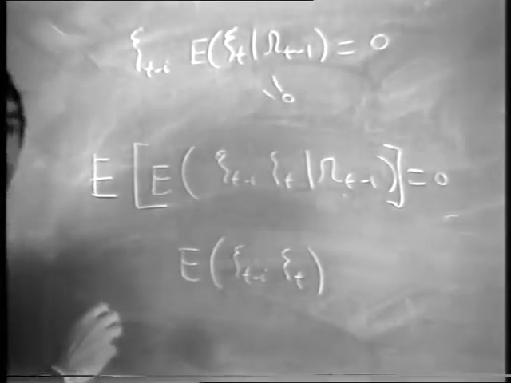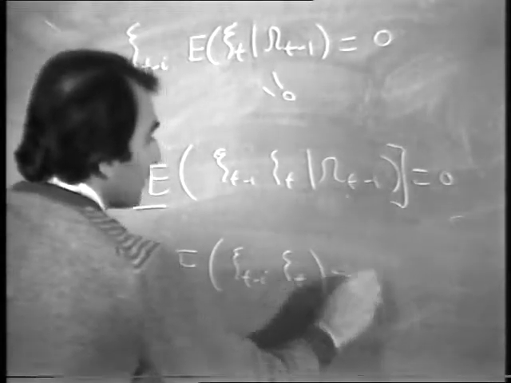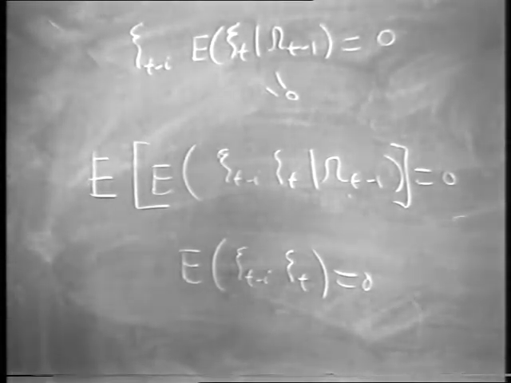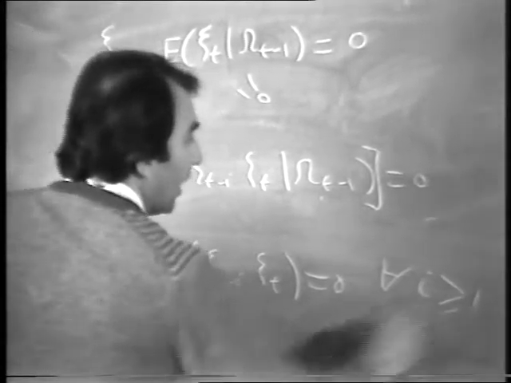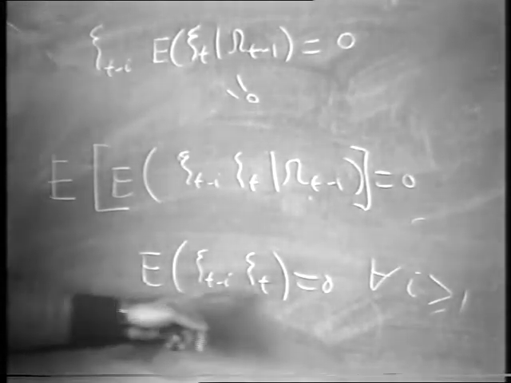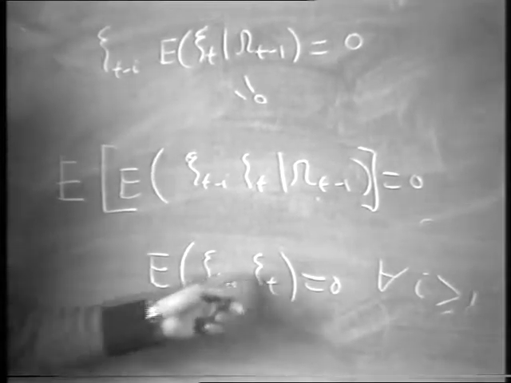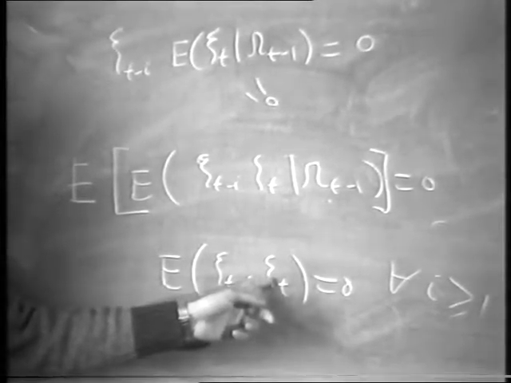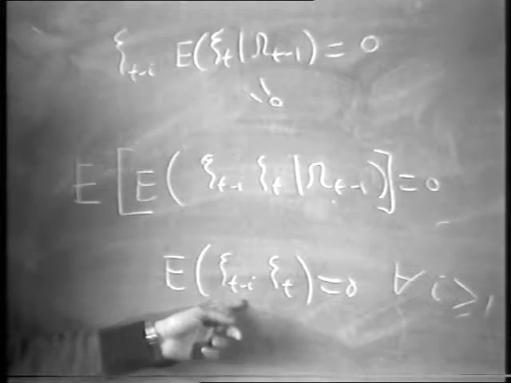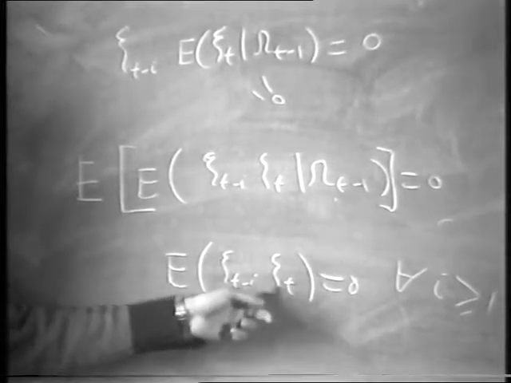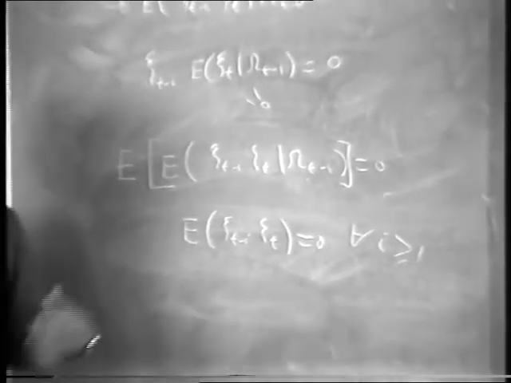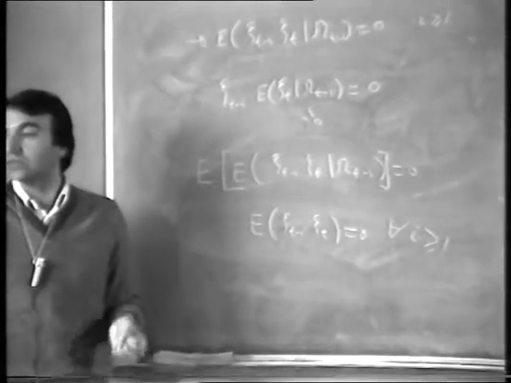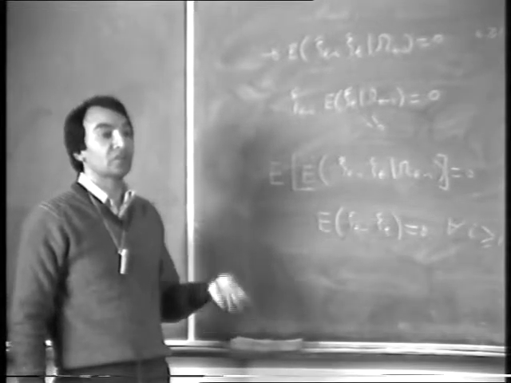In other words, you get rid of the conditionality, and that would also be 0. So therefore, for all i larger or equal to 1, the forecast errors or expectation errors xi t are serially uncorrelated. They are not necessarily independent, they are uncorrelated. Often people talk about serial independence, but it's not strictly correct. What we have shown is that they are serially uncorrelated.